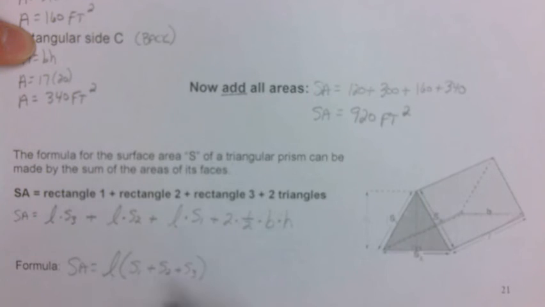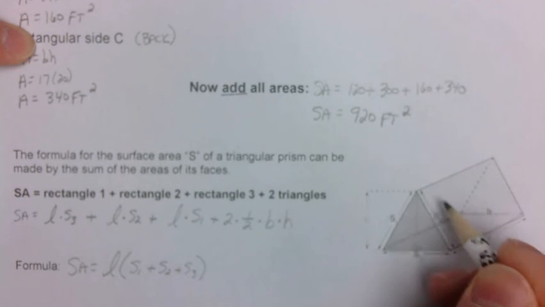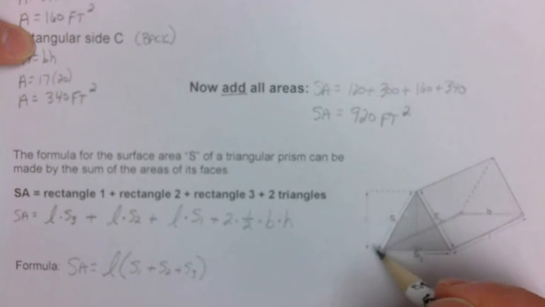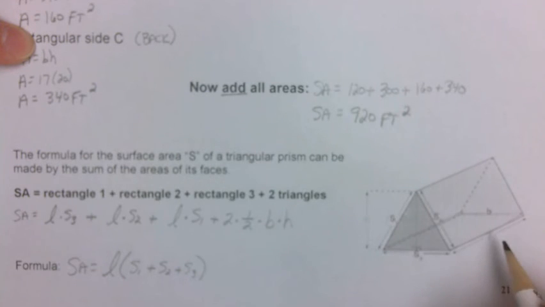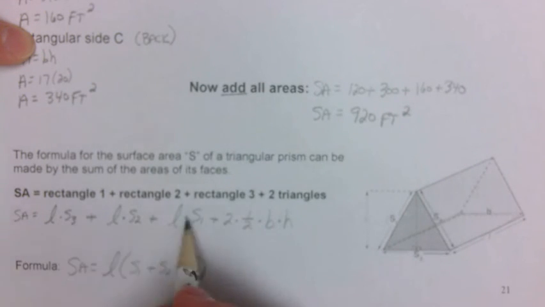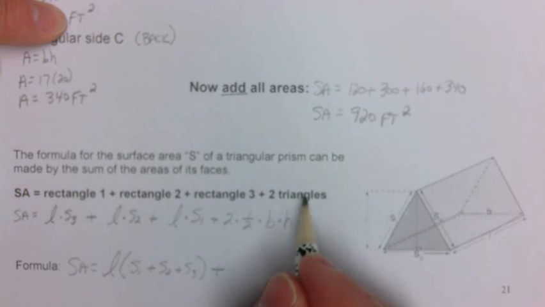Those measurements are the side lengths of one of the triangular faces. So if I take the 3 sides of the triangular face and add them together, all I need to do is multiply that by the length of the prism, and that'll give me the surface area of the 3 rectangles. Then I would have to add on the area of the 2 triangles.